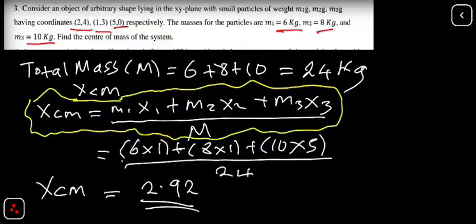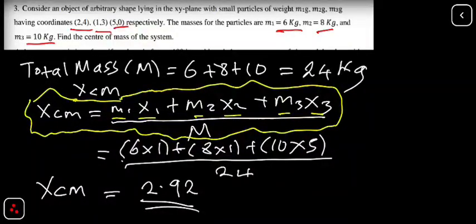To find the x coordinate, denoted by capital X centimeters, the formula is m1 multiplied by x1, plus m2 multiplied by x2, plus m3 multiplied by x3, over the total mass. How many masses have been given? 3. You add all the masses, that's the total mass.